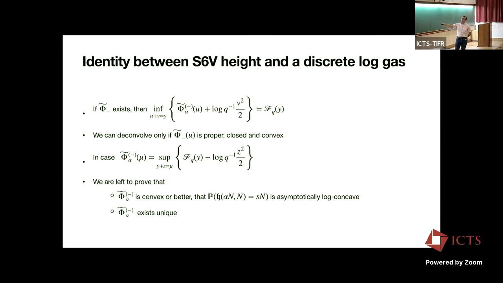But actually, if we think about what we did before, we proved that the probability mass function is asymptotically logarithmically concave. And in fact, this weak log concavity that I proved before is enough to establish that any potential rate function needs to be convex.